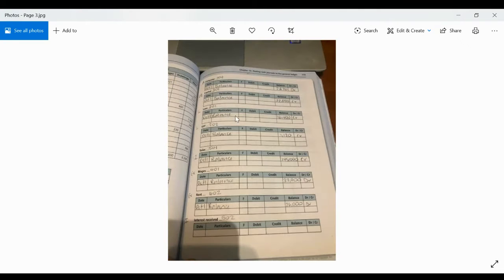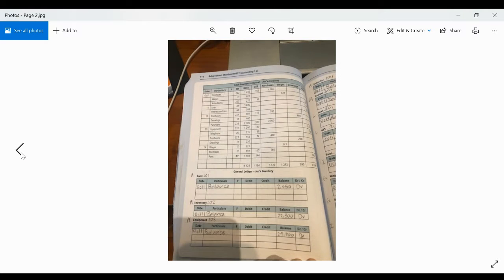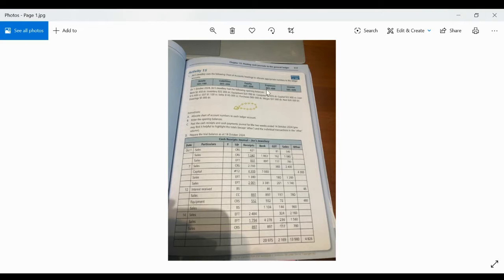So none there. The first expense is wages, so that's 401. Rent, 402. Purchases, 403. Advertising, 404. Interest on loan, 405. Telephone, 406. And then the last one is income, which is in the 500s.